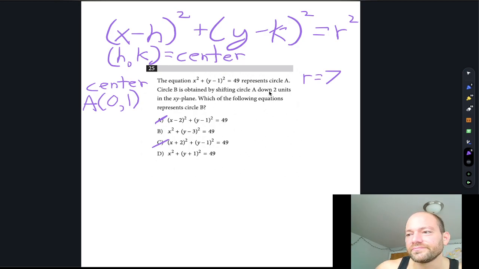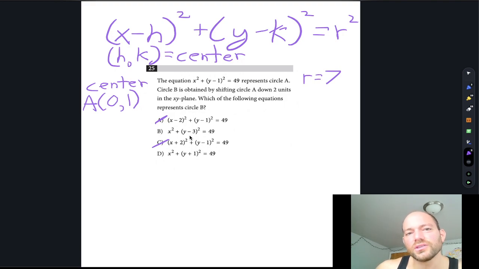Down 2 units. Well, going down 2, that means that we want to subtract 2, right? Negative 1 minus 2 becomes negative 3. Again, doesn't that just seem too good to be true?